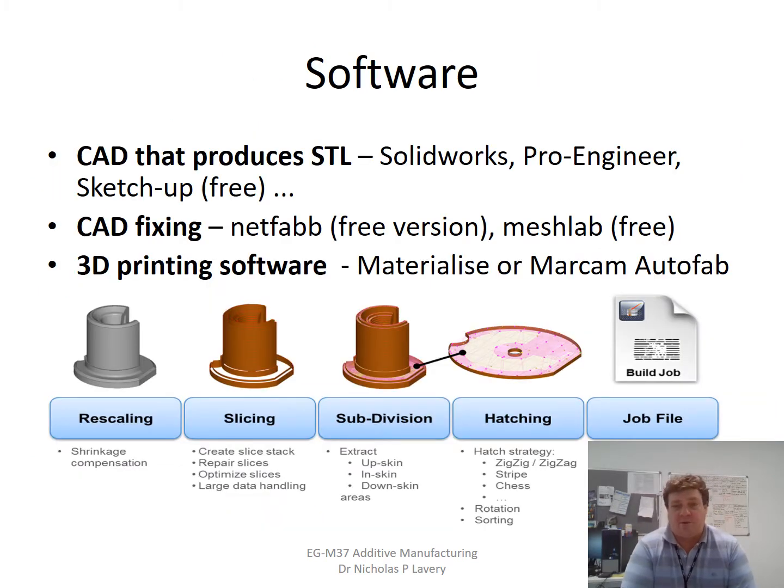So what kind of software do we have for the slicing, particularly? On the CAD side, we have CAD that produces STL, so you're very familiar with SolidWorks, Pro Engineer. You can get lots of different freebies, SketchUp, FreeCAD, that actually produce perfectly usable STL files.